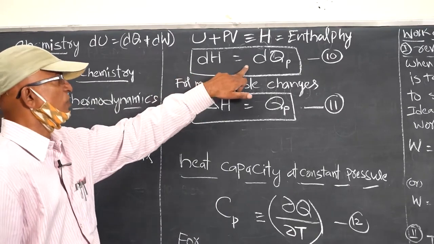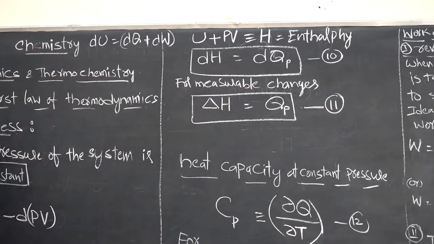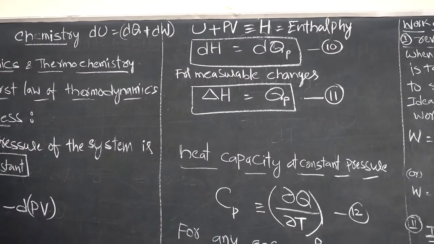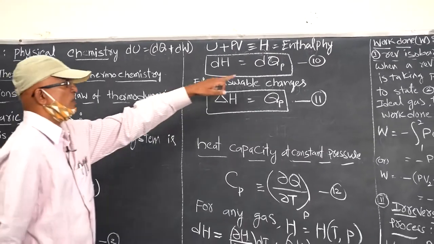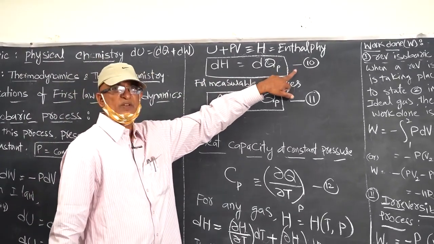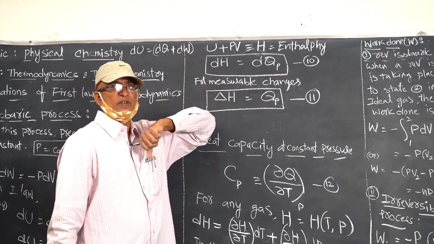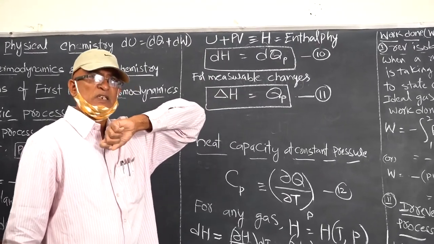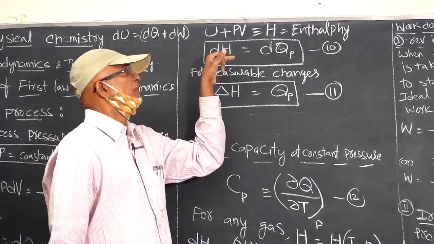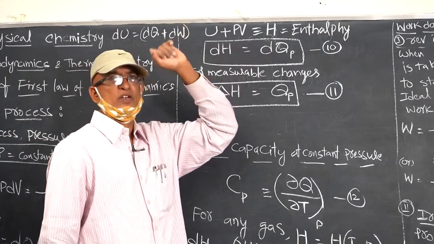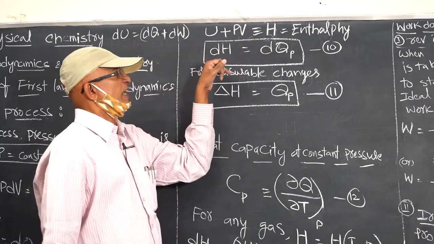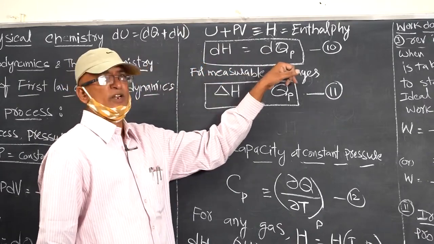Therefore, in place of U plus PV I am writing H, so dH is equal to dq at constant pressure. This is the application of first law for isobaric process. Now you recollect the application of first law for isochoric process: it is dU is equal to dq at constant volume. But here it is dH is equal to dq at constant pressure.